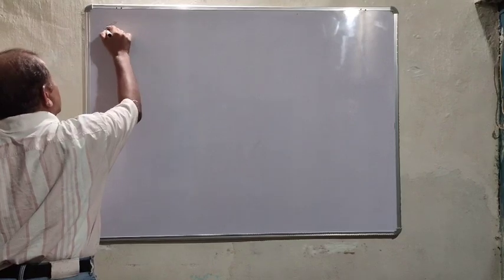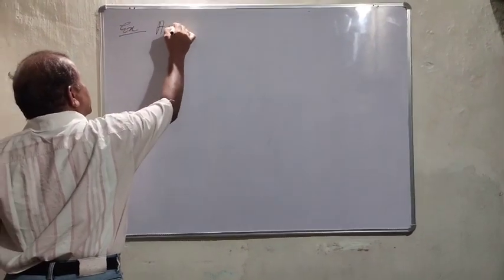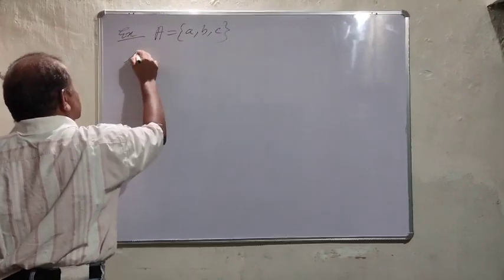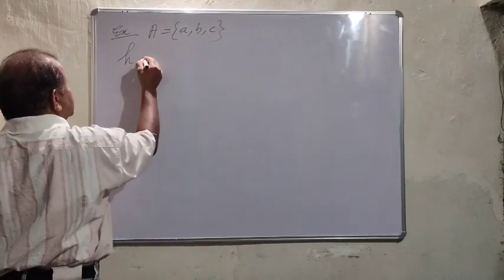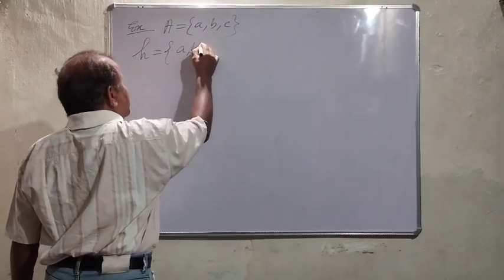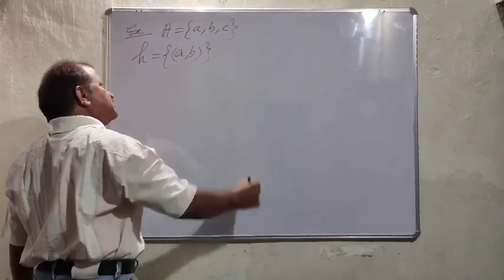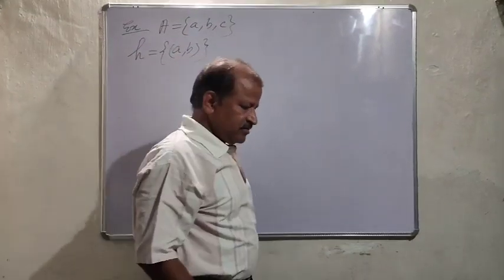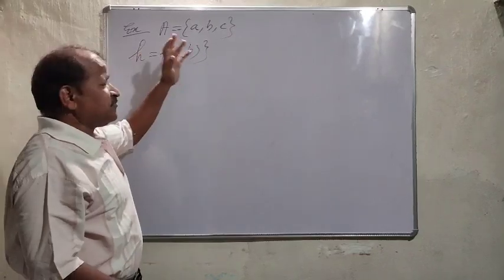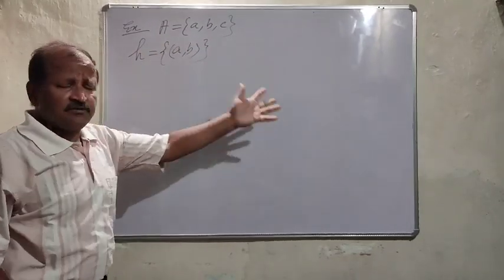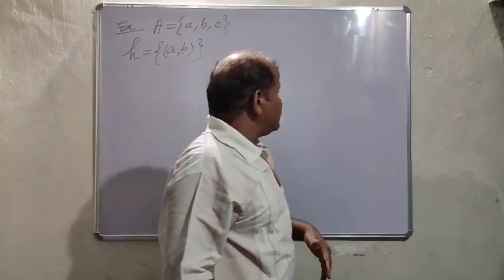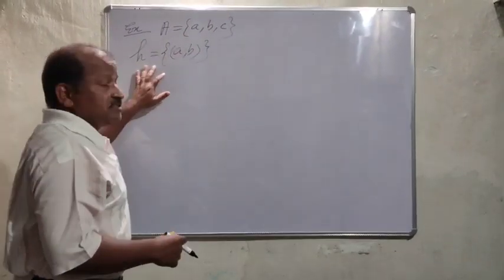Suppose our set is the same, A = {a, b, c}. Suppose H1 is equal to {(a, b)}. Here a is related to b. It is a subset of A Cartesian product A, so it is a relation defined on A. But it is not symmetric.